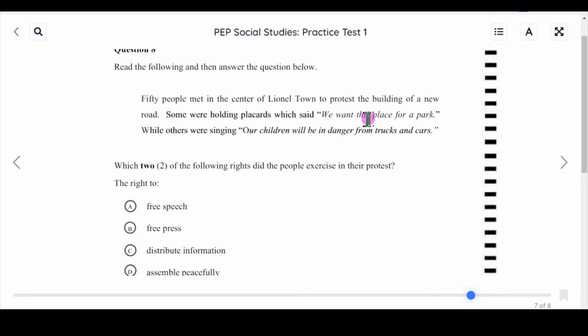"We want this place for a park," while others were singing, "Our children will be in danger from trucks and cars." So when they're saying this, they're communicating to the people around them, and the information that they want will probably come to the attention of the mayor or the member of parliament. It may appear on TV and so on. So they're trying to voice their particular opinion on this issue.